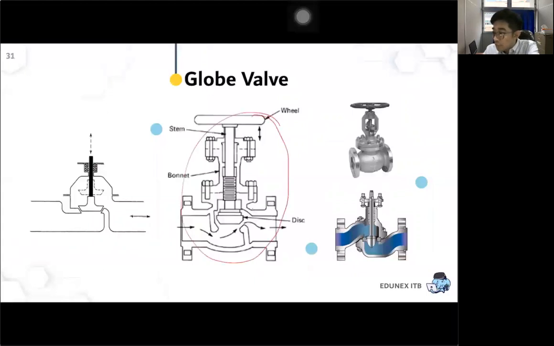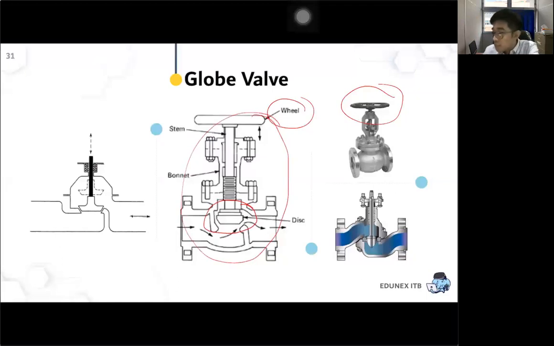Or globe valve. Globe valve has an inner part that looks like this. When you turn the handle, the wheel, this part can move up and down, and by adjusting the wheel, you can adjust how much the disc will move up or down.